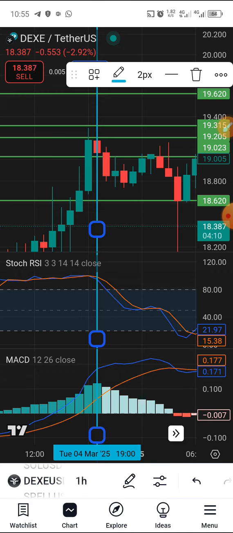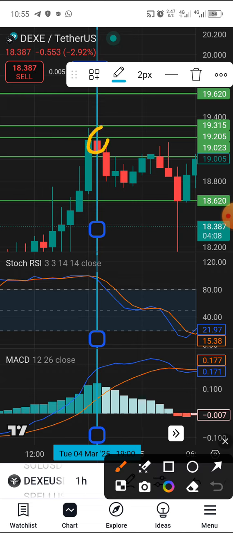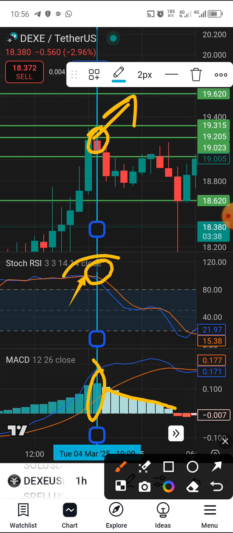On this confirmation candle here, you see, the real-time indicator has already showed you that the market is going down because it has already made a death cross here. And the same candle here, when we come on MACD, it is showing you from that point here, the market is coming down.